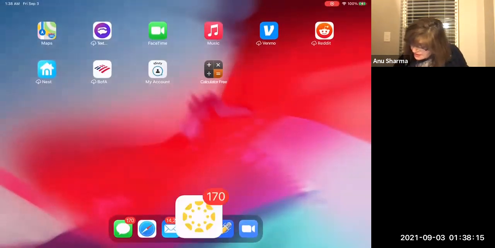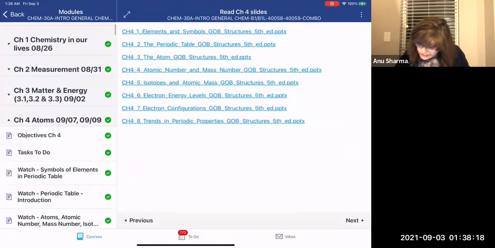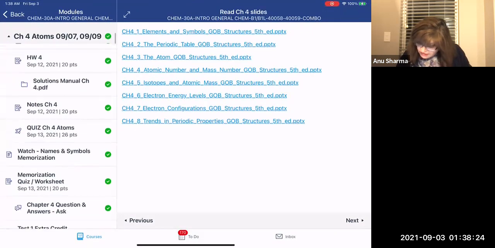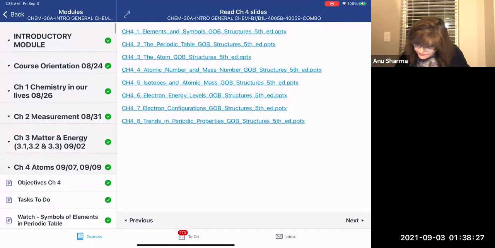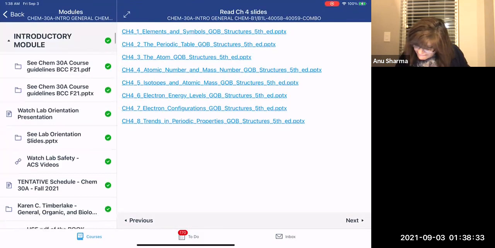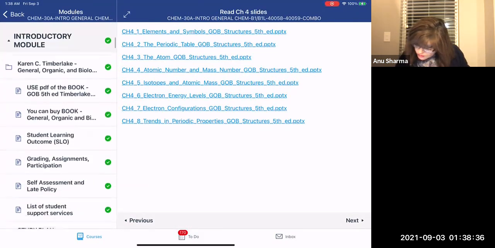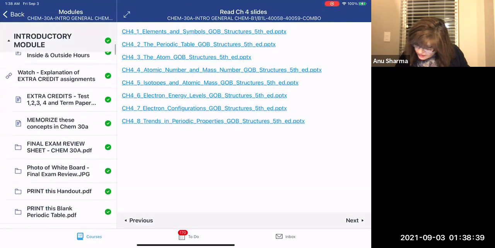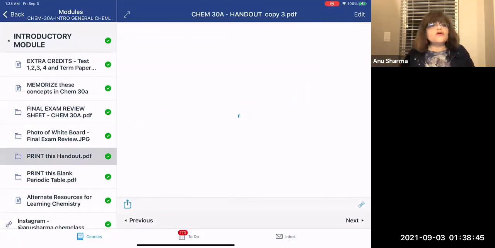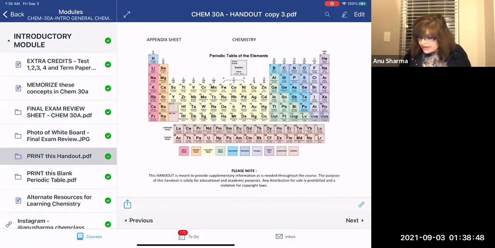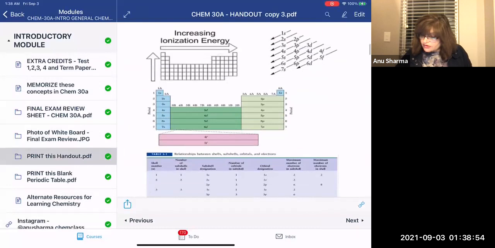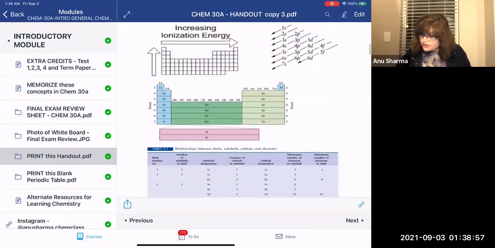So let's look at the handout. Okay, so if you look in your handout, you will see that all this page relates to the electronic configuration.